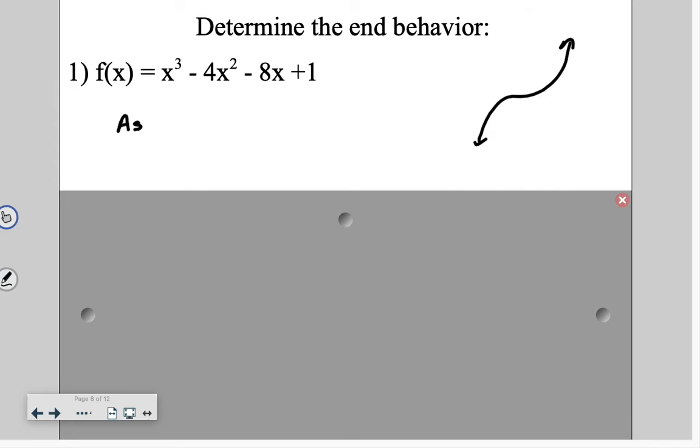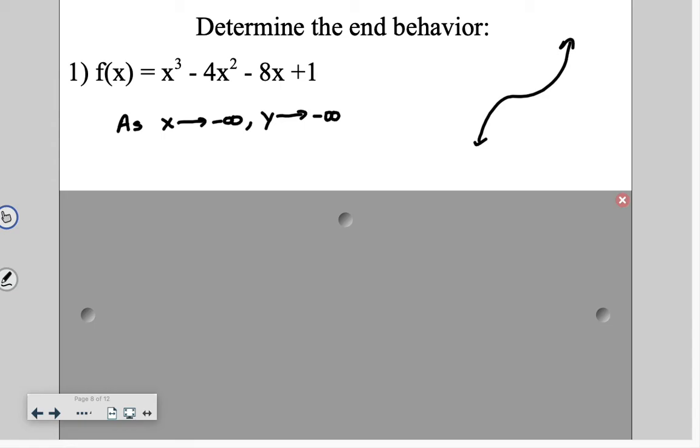So as x goes to negative infinity. If we're saying x is going to negative infinity, we're saying as we go to the left, where are the y values going? Up or down? Down to negative infinity. So as x goes to negative infinity, y is going down to negative infinity.